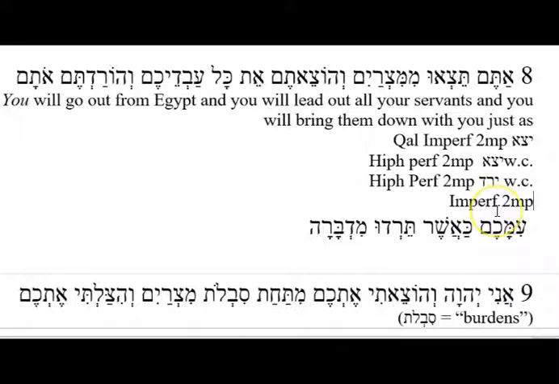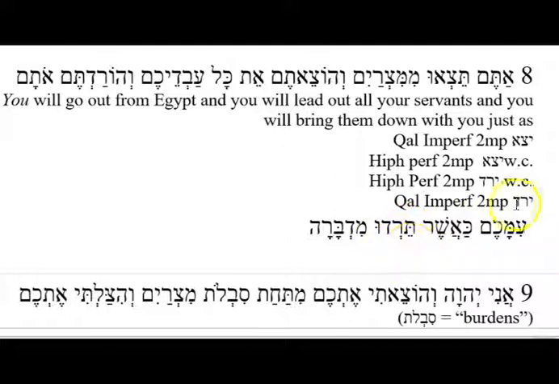Imperfect second masculine plural. And we've got this yod again, this tsere again, which is pointing to a first yod verb. So indeed, the verb we're looking at here is the same one we had right here, yarad. And this is in the Qal, right? It doesn't have the vowels you would expect on any of the derived stems. So this is just Qal, and it has a tsere instead of a hireq because it's a first yod verb.